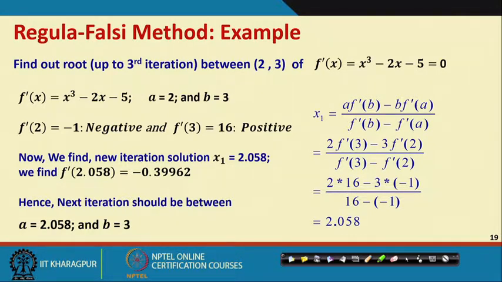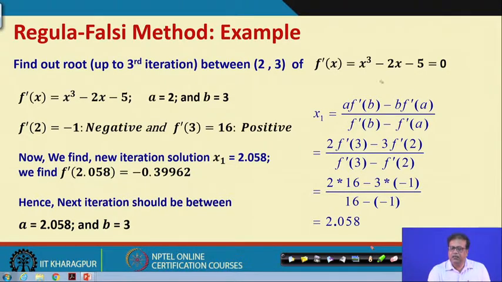Let us take an example that f dash x equal to x cube minus 2 x minus 5 equal to 0. We take 2 points 2 and 3 arbitrarily. If I put 2, we get 2 to the power 3 is 8 minus 4 minus 5.